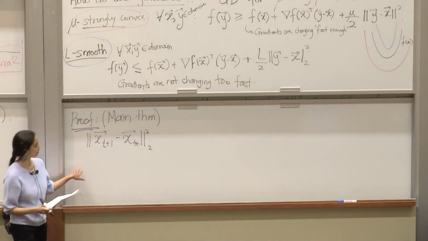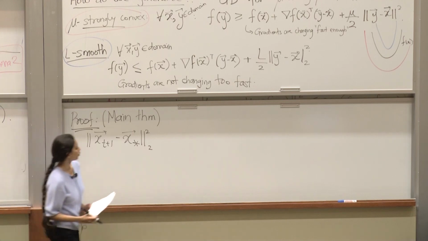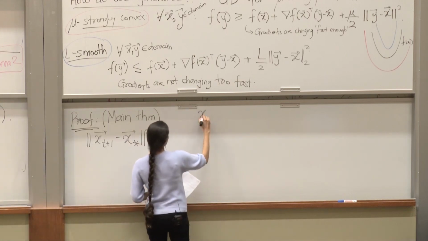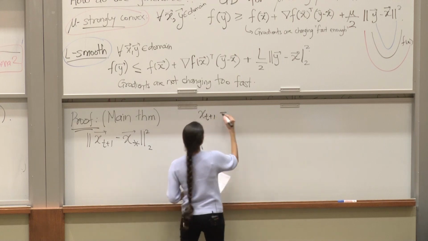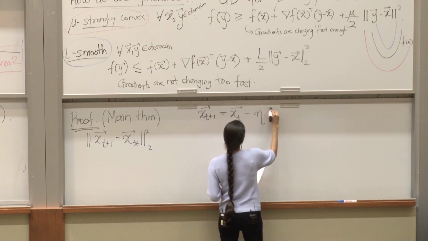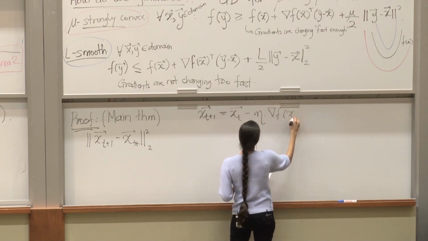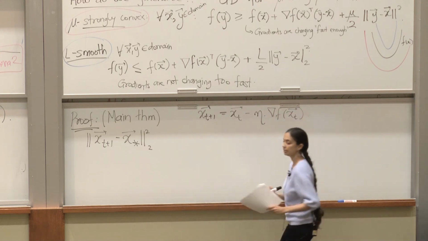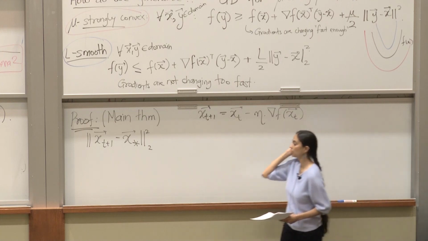Remember, our gradient descent algorithm: x of t plus 1 is equal to x of t minus eta times the gradient of f at t. This is our algorithm.